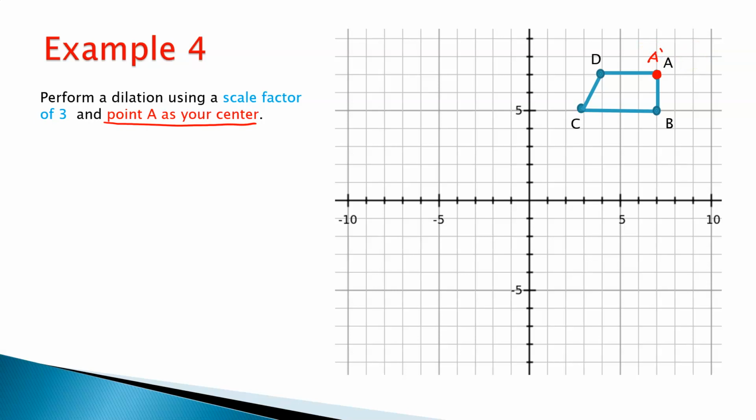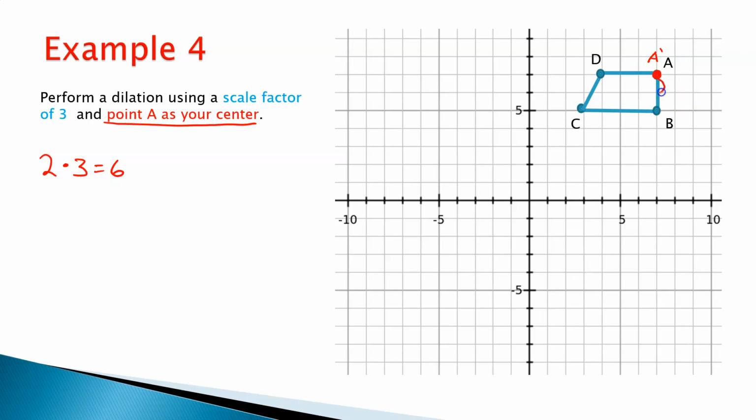So let's take a look at the distance that used to be from A to B. We'll start here. A to B used to be a distance of 2. So let's take that distance and apply our scale factor. A scale factor of 3, multiply it by 3. 2 times 3 is going to get us 6.